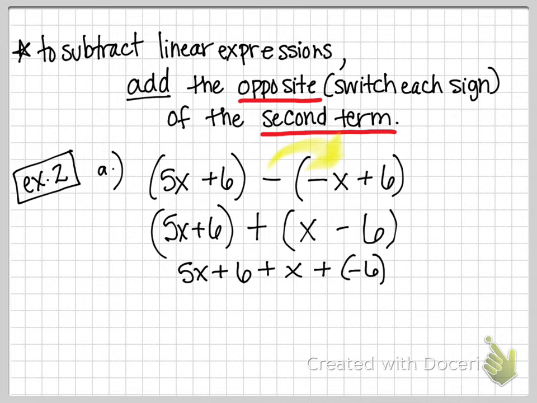Now I'm adding, I can just combine the like terms. I removed my parentheses. I'm doing the horizontal method. And then let's combine like terms. So we have 5x plus x. What does that give us? 6x. Good.